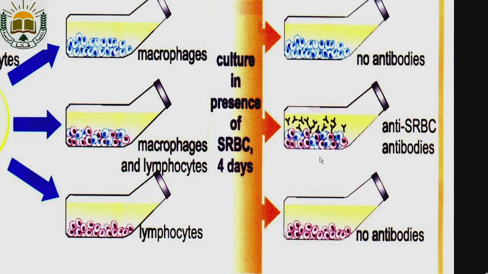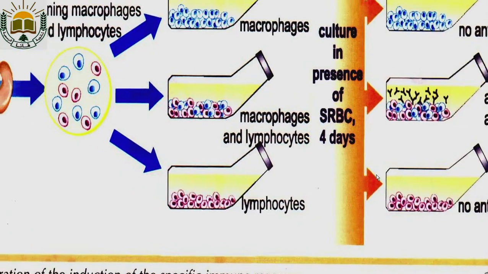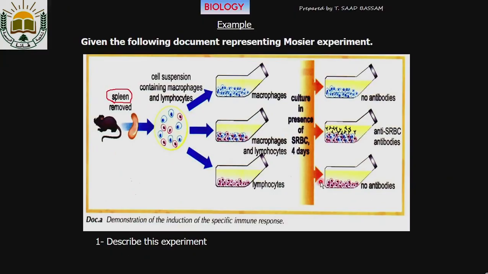Anti-SRBC antibodies in the second container, and no antibodies in the last one. What did I do? Very good. I described this document. I told you what exists in the document without adding any information.